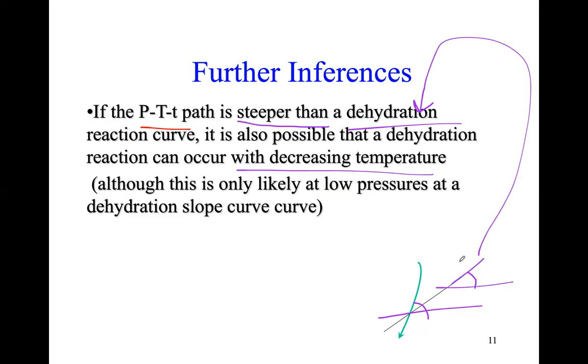So if you have a dehydration reaction at a shallow level, at a shallow gradient along the path, like here, it will still continue for a short period of time, right? This is likely at low pressures, because only at low pressures do you expect this type of steep PT path segment.